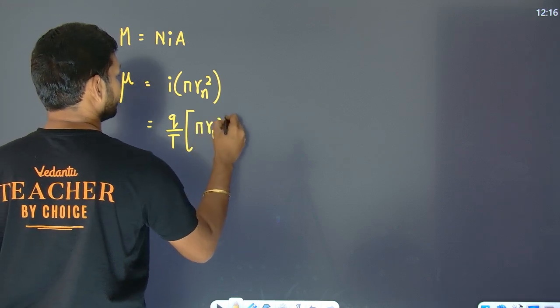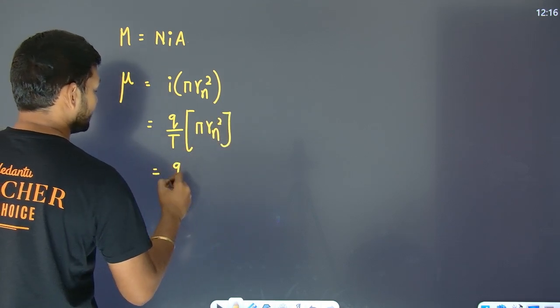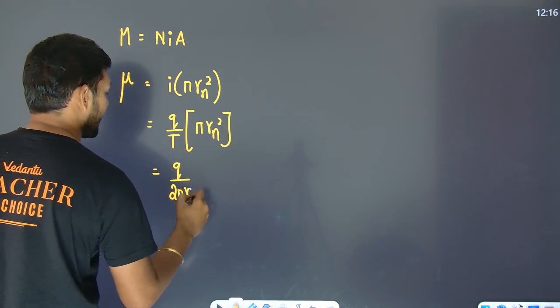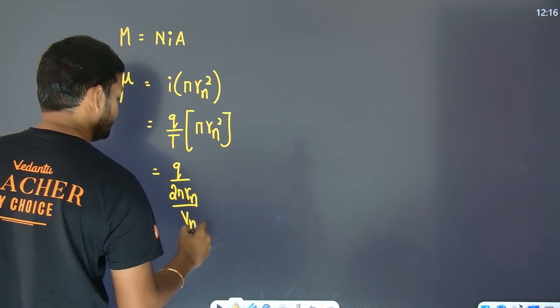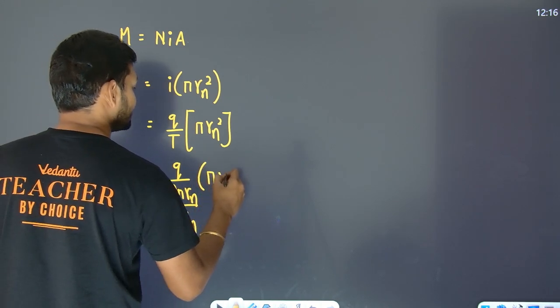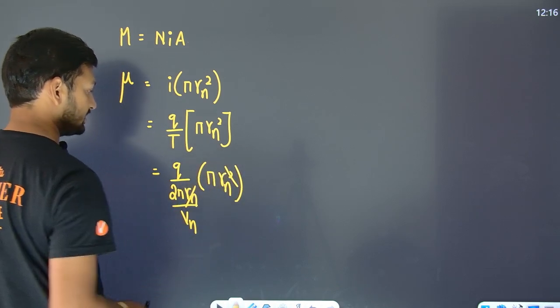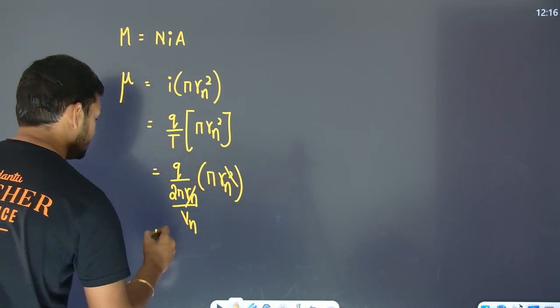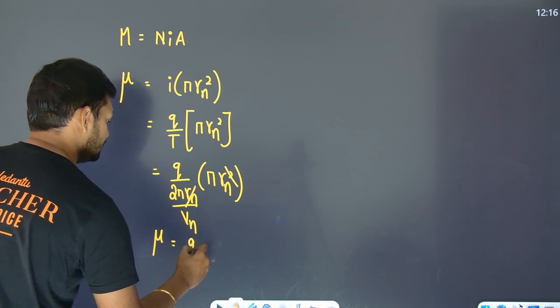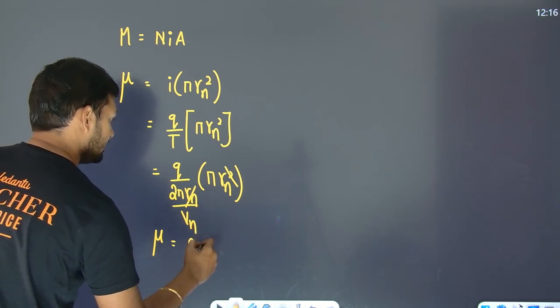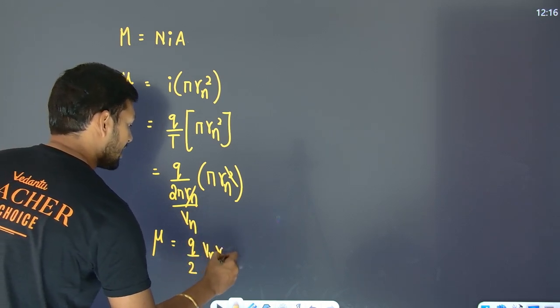Pi Rn square. And then time period can be written as what? 2 pi Rn divided by Vn into pi Rn square. One Rn can be cancelled out. So what is happening? The mu is q by 2 into Vn Rn.